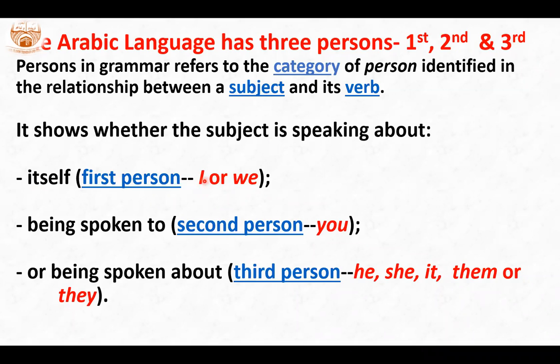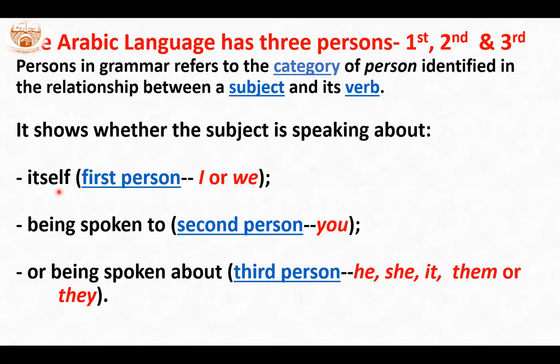If he is referring to a group, like he is representing his Jamaat and is going to meet somebody, he can say we would like such and such. You understand? So I is singular, we is plural. It is used in the context of the first person.